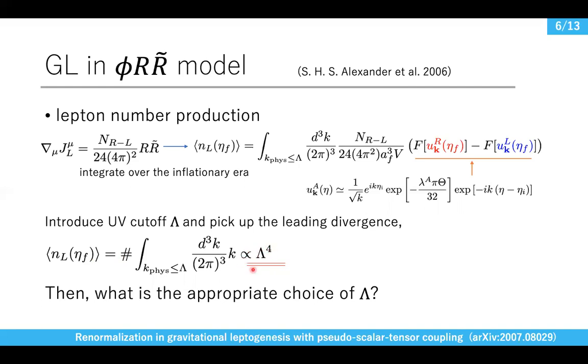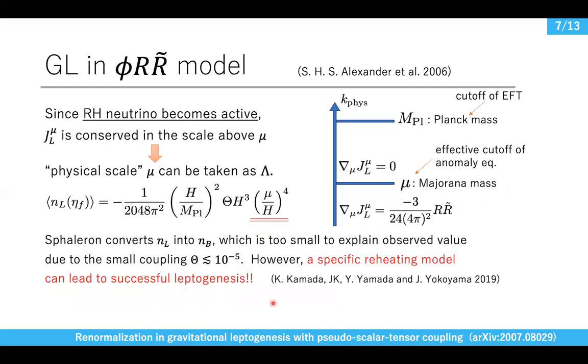Then you might have this question: what is the appropriate choice of this lambda? In order to answer this question, we need to consider the anomaly equation more carefully. Below this mass scale mu, right-handed neutrinos decouple from the theory, so you have -3 here.